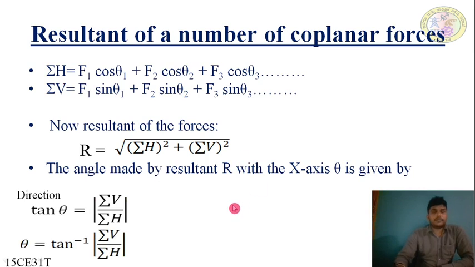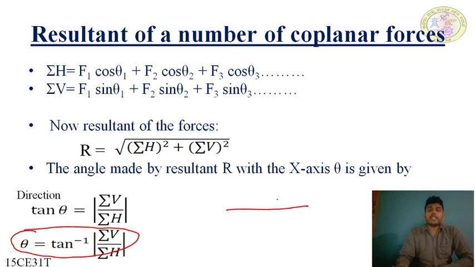Next, theta is obtained from tan inverse of sigma V by sigma H. The theta we get from this formula will always be with respect to the x-axis. This is very important.